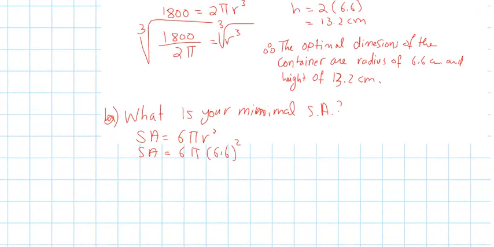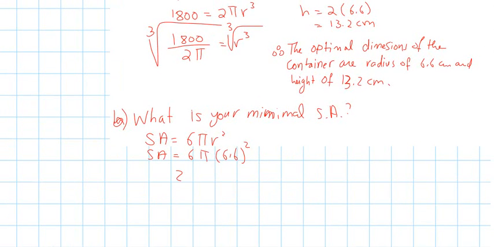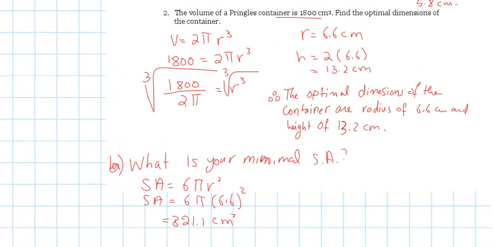Can you explain that again? Yeah, just one second. Sorry for being annoying. So what I'm asking you at this point is, what would be your minimal surface area? We started with the volume, and I asked you to find your optimal dimension.